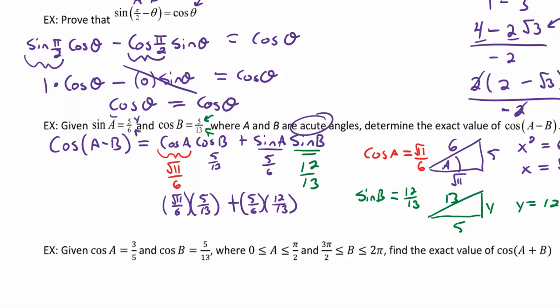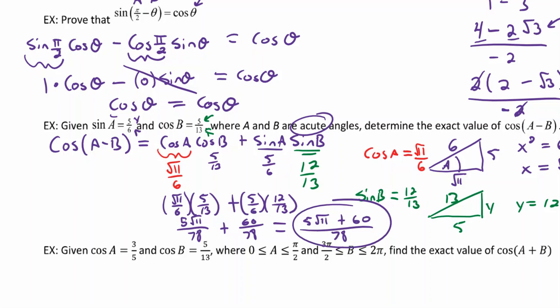So this ends up being 5 root 11 over 78 plus 5 times 12 is 60 over 78. So this would all become 5 root 11 plus 60 all over 78. And we'll just leave it like that.